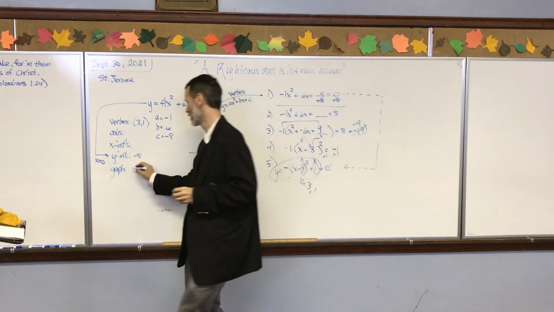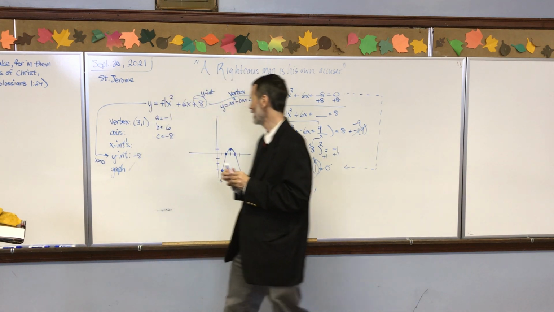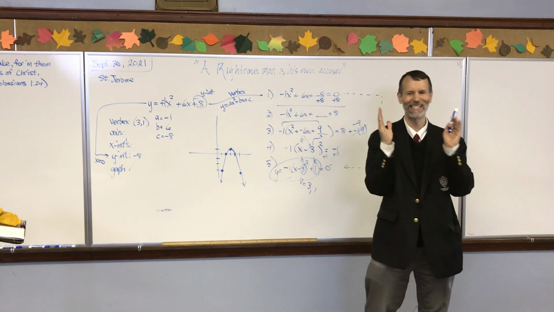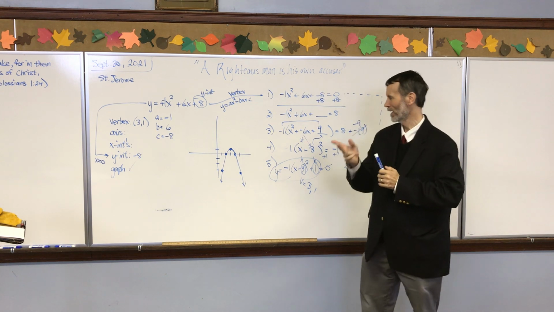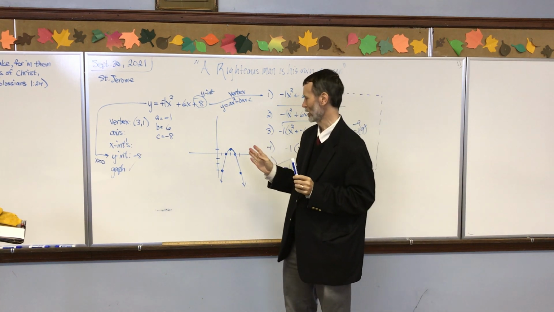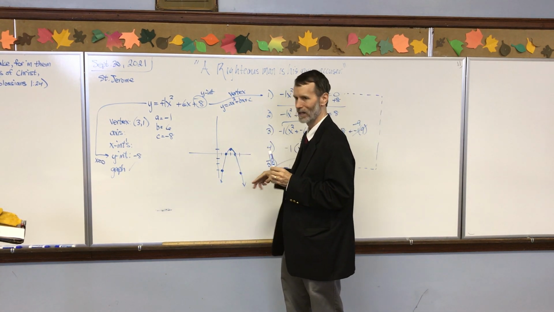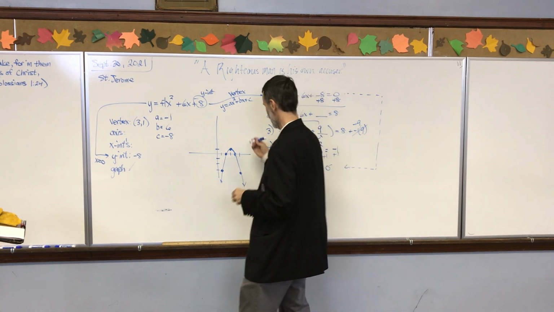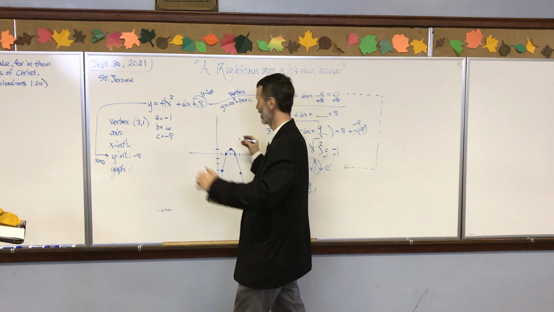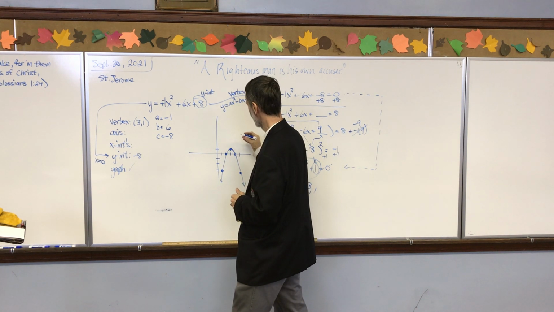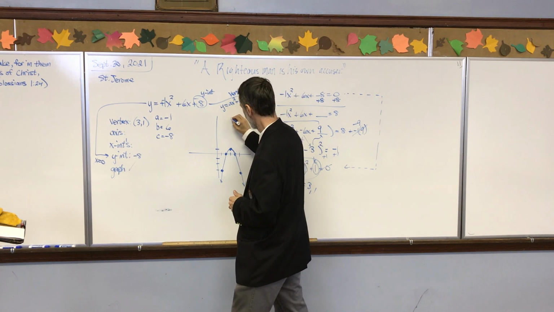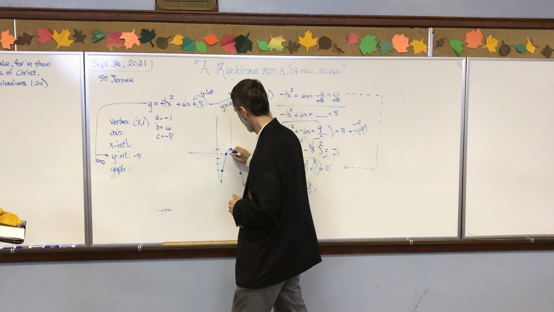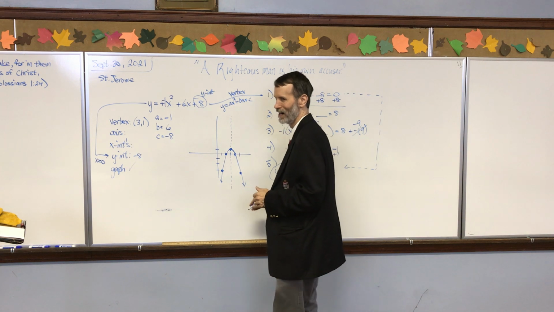So first of all, you needed a graph anyway. So you got this. Check. We needed the axis of symmetry. You might be able to see it now. Mary, where is the axis of symmetry? Is it running up, down, or left, right? Up, down. Whereabouts? Correct. So what's the equation of this line?